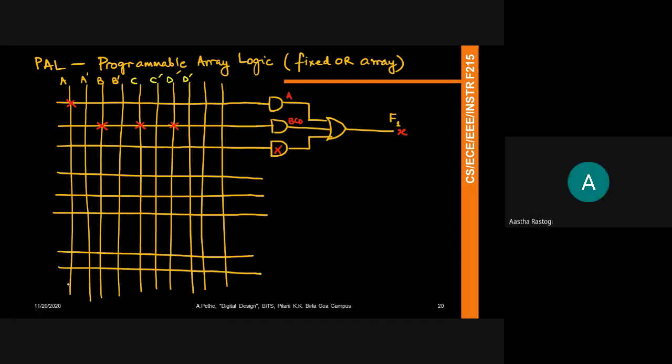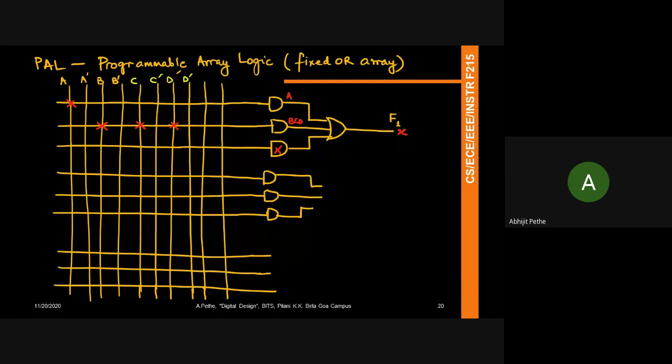Fixed OR array means the number of inputs to the OR are fixed. You don't have the flexibility of choosing what input goes into the OR. So let's look at this: this is your programmable AND, this is your OR.